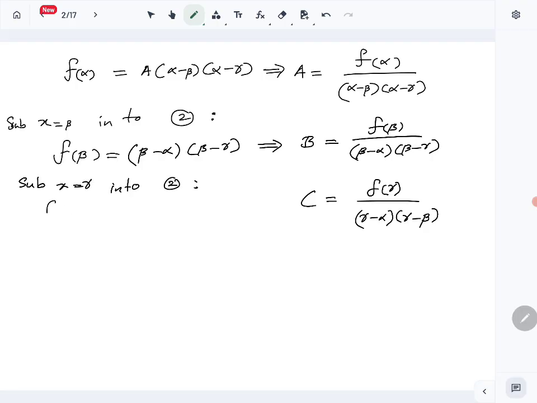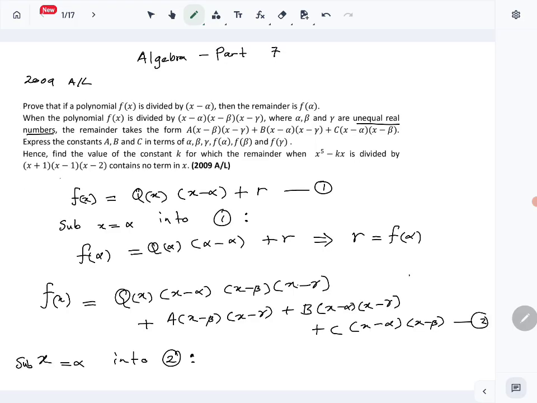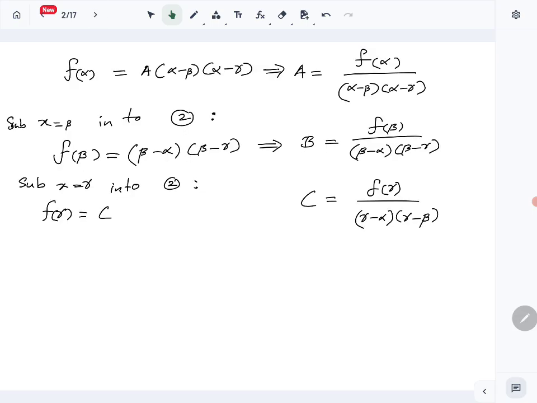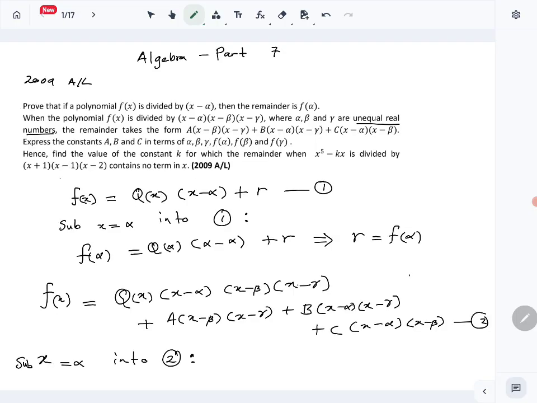So you will get what? f(gamma) equals c times what? First term becomes 0, second term becomes 0, third term becomes 0, only c is left. So you get c times (gamma minus alpha)(gamma minus beta). Right. So that part is done. a, b, and c were found.